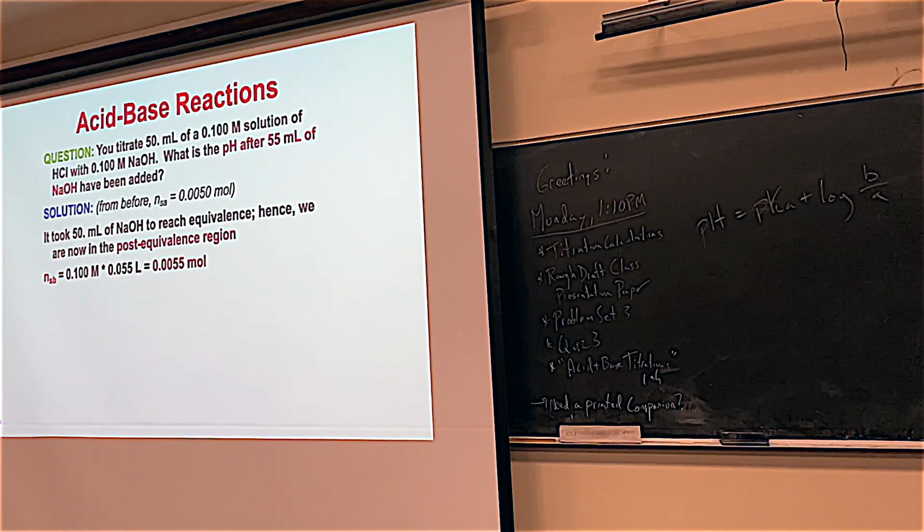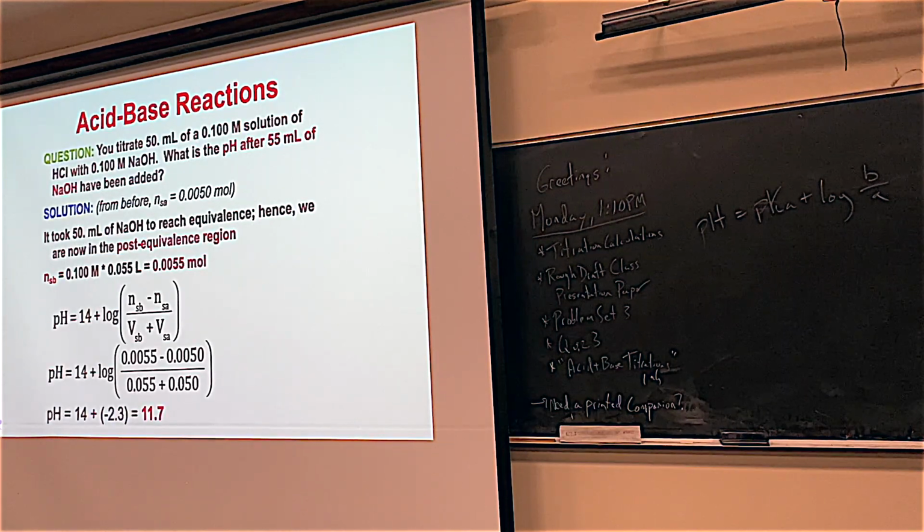It's going to have a different form because hydroxide dominates. You've got to figure out how many moles of strong base you have. So again, sodium hydroxide still 0.100 moles per liter. 55 divided by 1,000 is 0.055. So moles per liter times liters, you're going to have the moles of strong base.